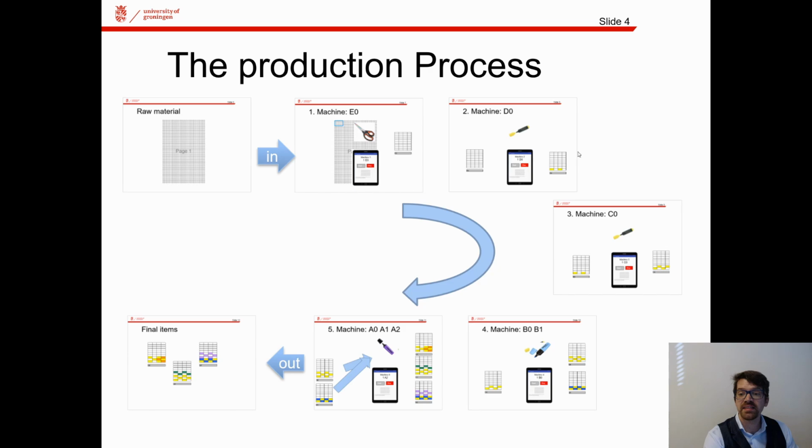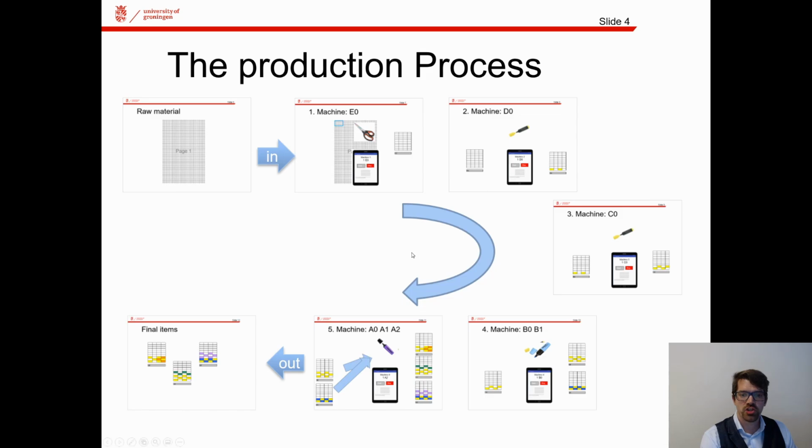And on the right hand, you can see the final items produced in this machine, and we forward those final items after we have produced them to the next machine so that they are ready at their inventory. And above the machine, you can see the tools which are necessary to conduct this production step in this certain machine.